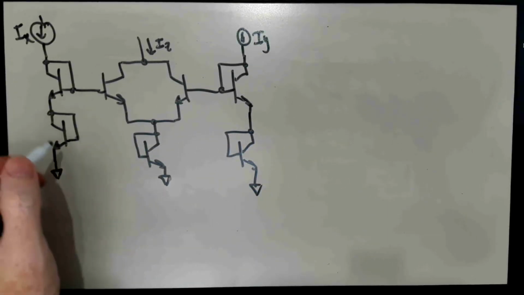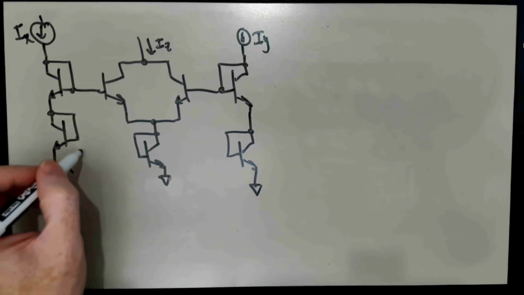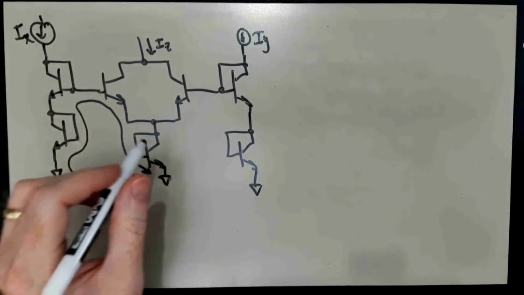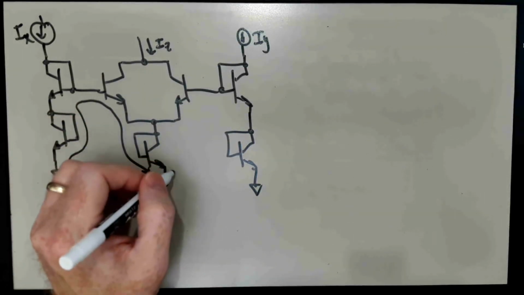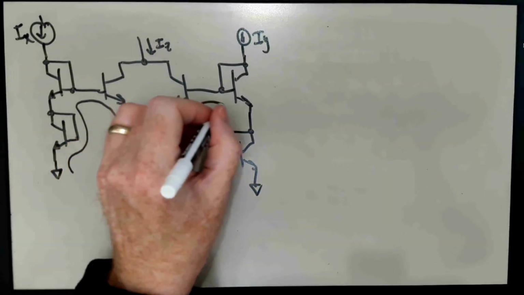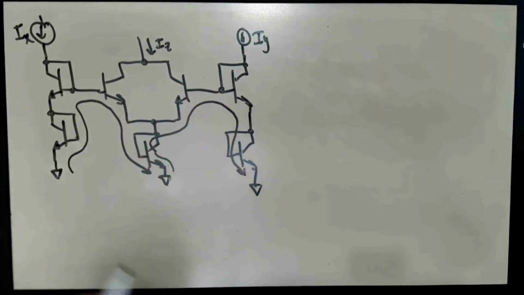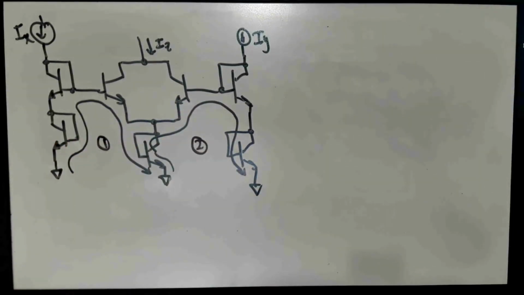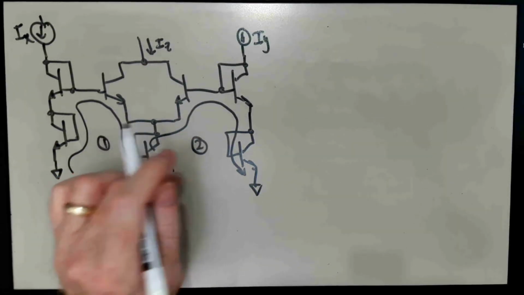Okay, so here's one instance, and here is the second instance. So we have 2 instances of our translinear loop.